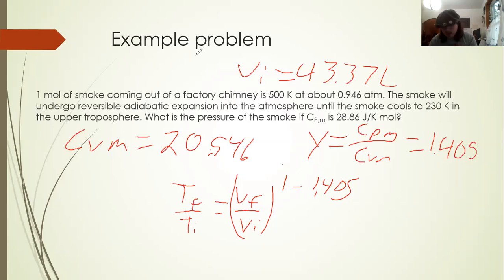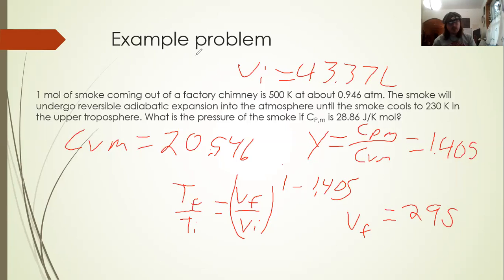I get 1.917. Take the inverse log of that. Get 6.8, multiply by our volume, 43.37, and I get 295. So it is expanded to a volume of 295.